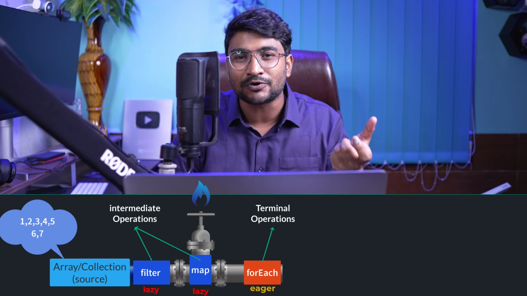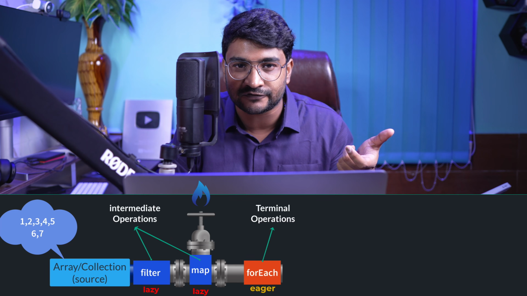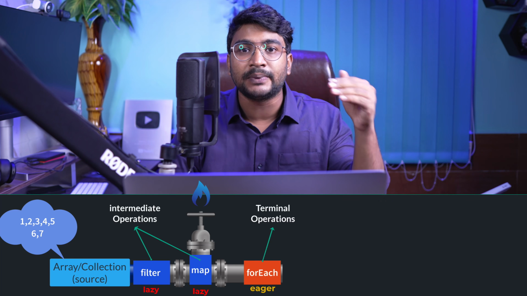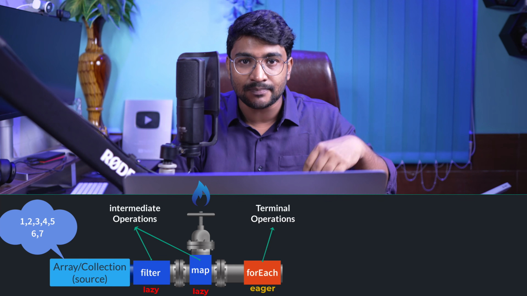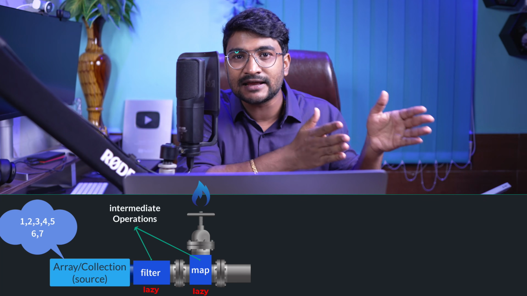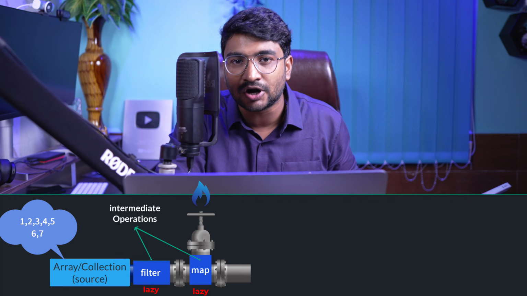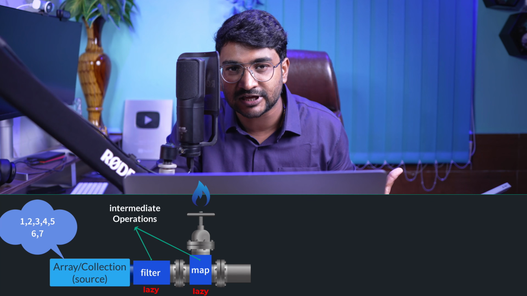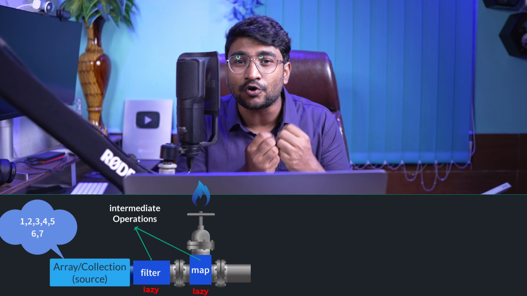Almost all intermediate operations are lazy in nature. That means if you perform filter over a stream or map over a stream, it's actually not going to do anything. It's just going to return a new stream by applying the filter or the map on top of the given stream. But it has not actually processed the data.